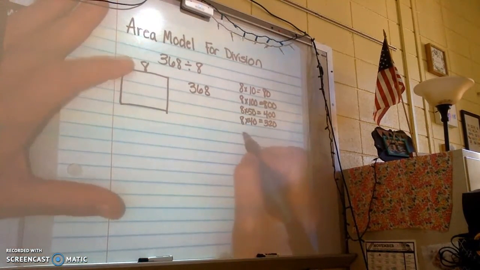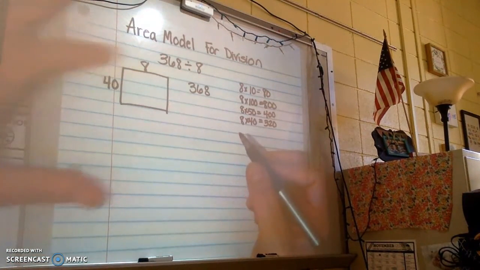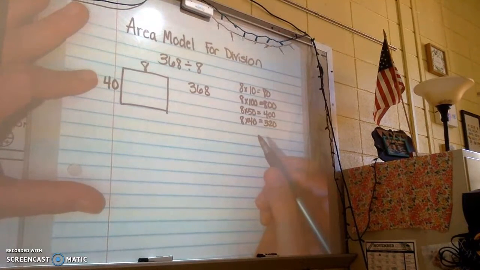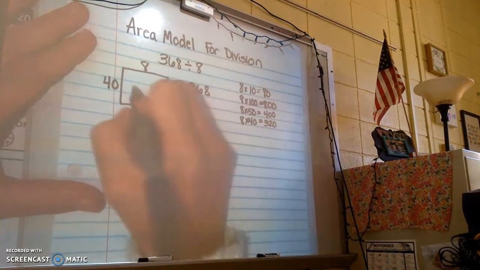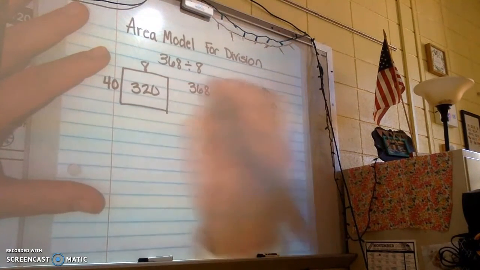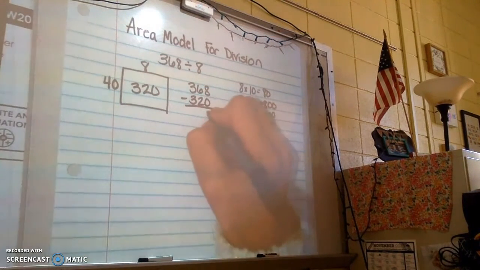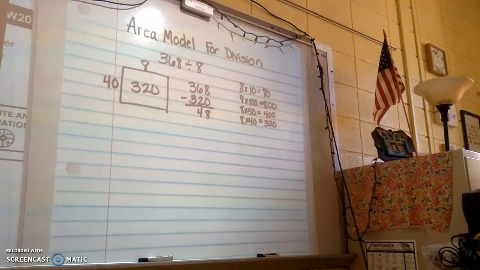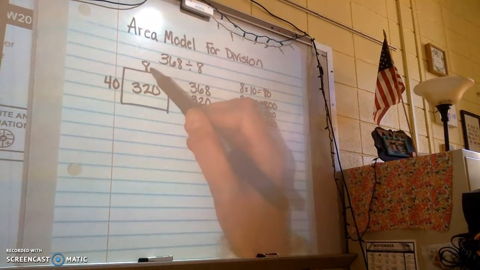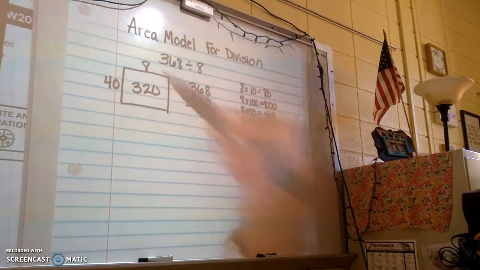So I'm going to take my 40, when I'm multiplying by 8, goes on the outside. Oh, we remember this from when we used this strategy with multiplication. And then the 320 is going to go inside my box. Then I'm going to subtract 320, and I'm going to get 48 left over. So now I'm thinking, what could I multiply times 8 to give me 48?